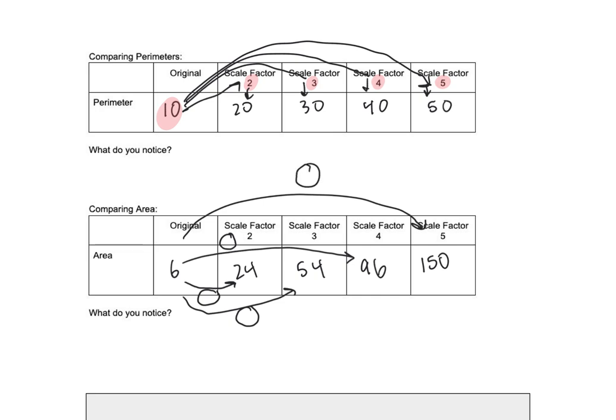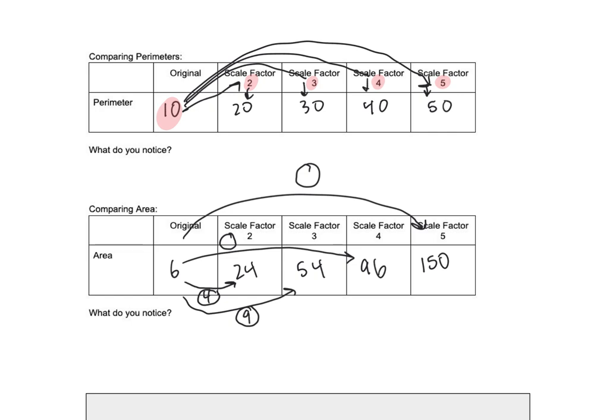Okay, and this is kind of the hardest one to see just because of the numbers in there. But again, once you look in there and you found out, what do you multiply to go from 6 to 24? Well, if you said 4, what do you multiply to go from 6 to 54? And you said 9.